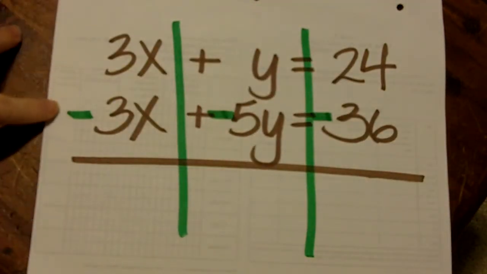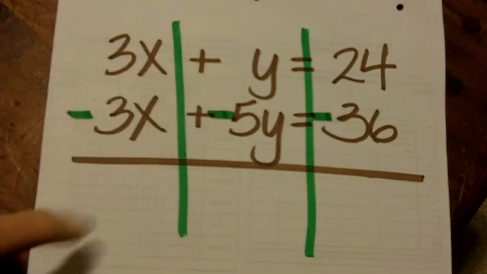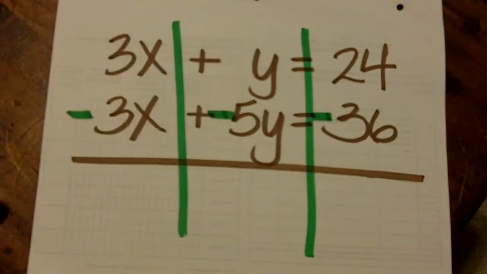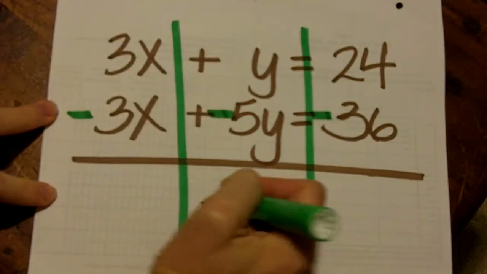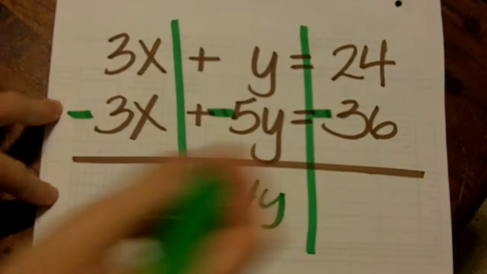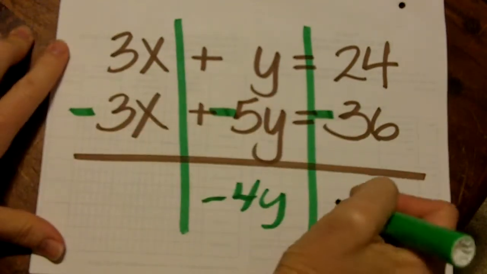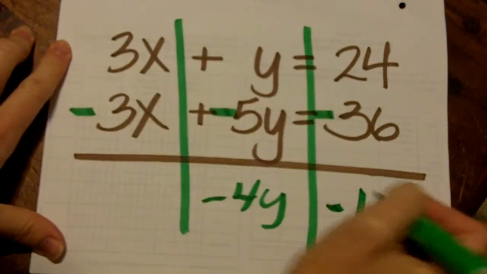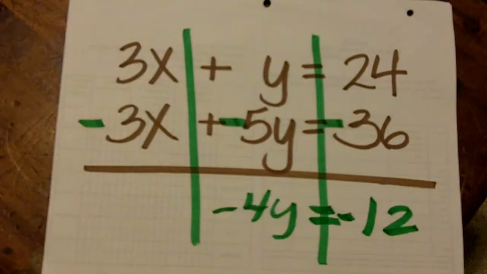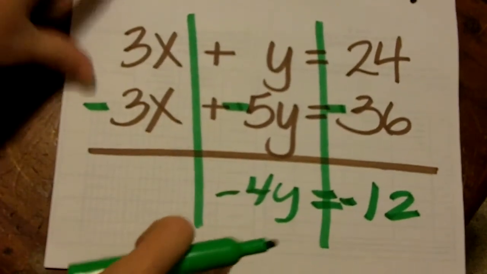So 3x and a negative 3x is 0, which was my point. A y and a negative 5y is negative 4y, and 24 and negative 36 is, I think, negative 12. So I get negative 4y equals negative 12.